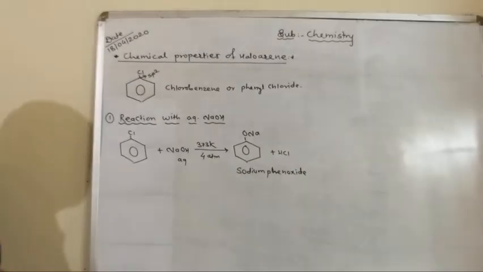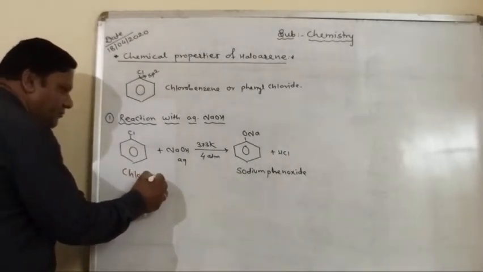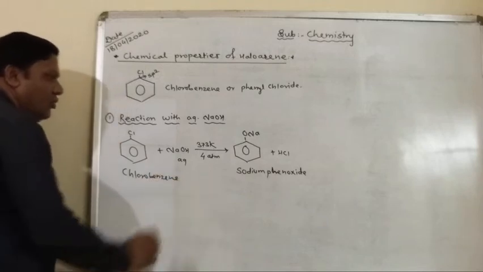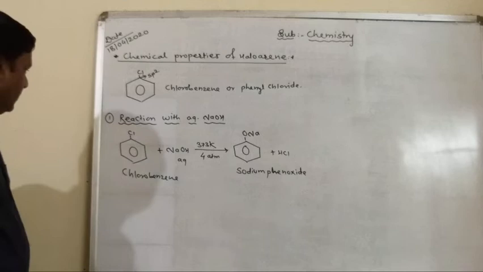Sodium phenoxide is formed when chlorobenzene reacts with NaOH. Understood?